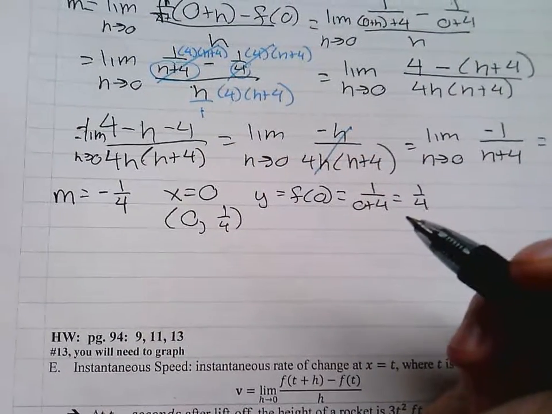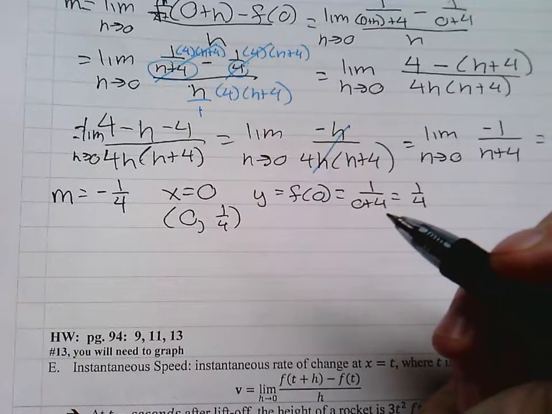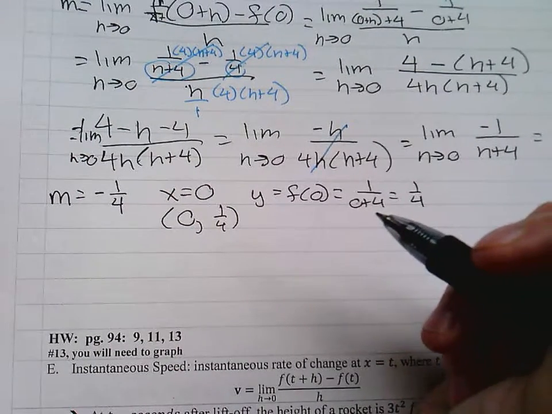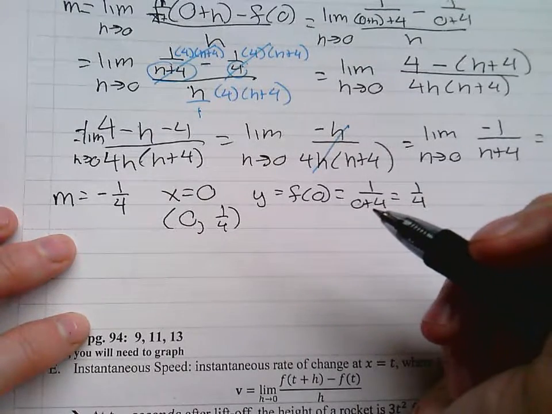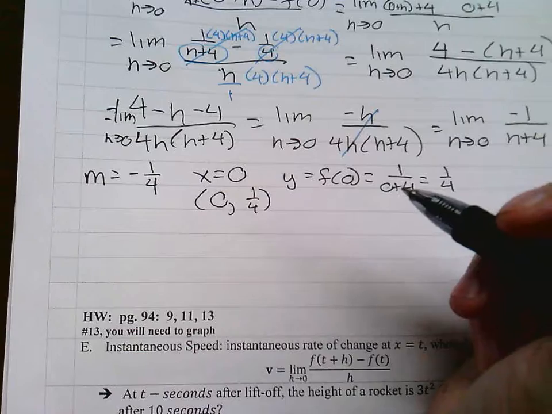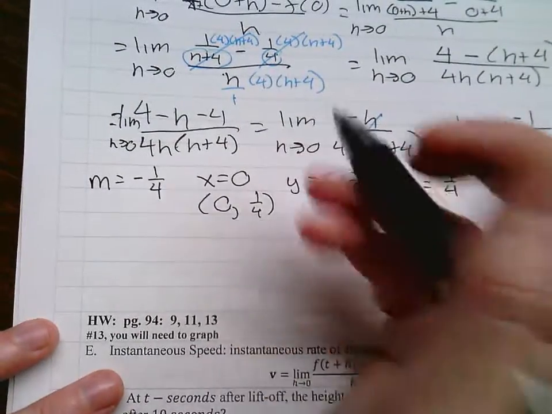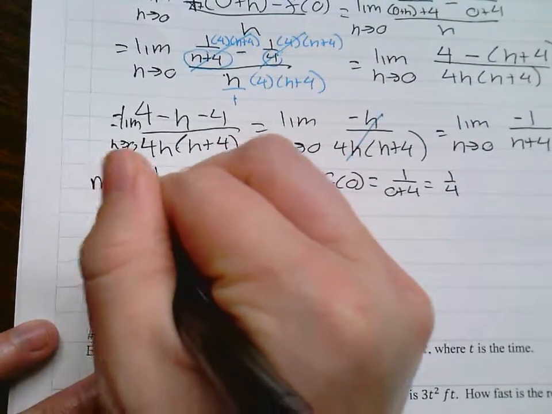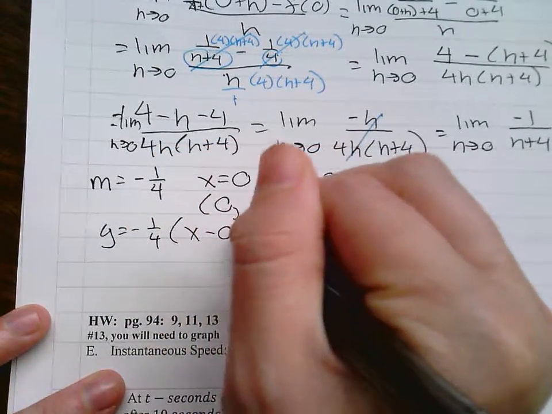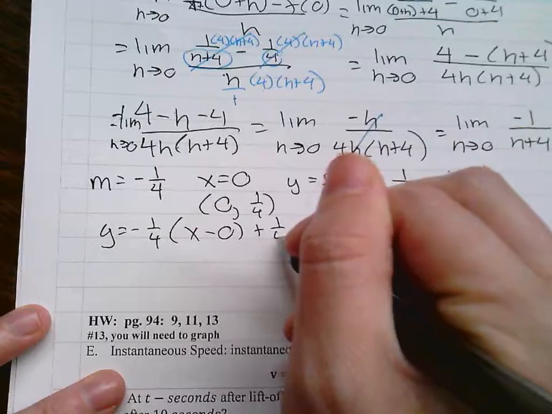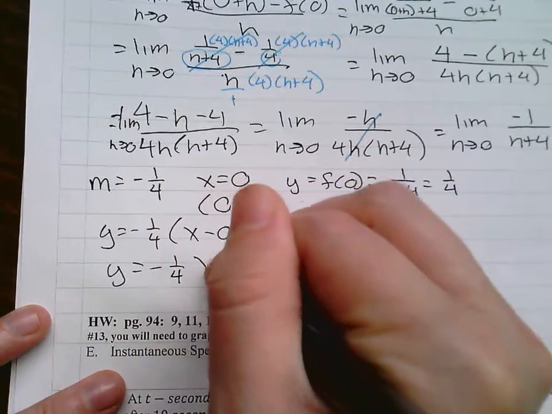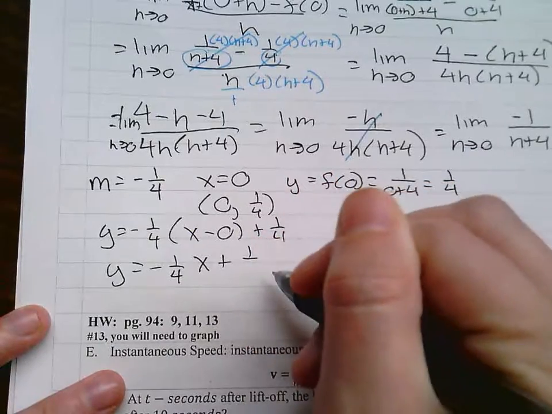Okay, so now we're going to do our tangent line. So we're going to have y equals negative 1/4 x minus 0 plus 1/4. So y equals negative 1/4 x plus 1/4.